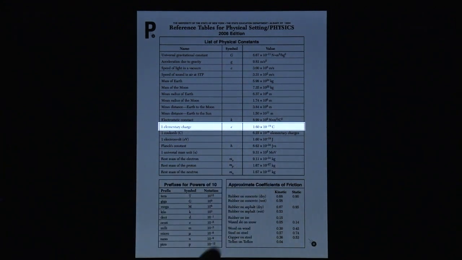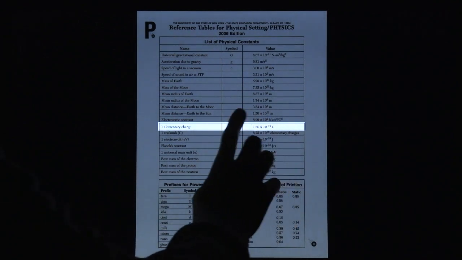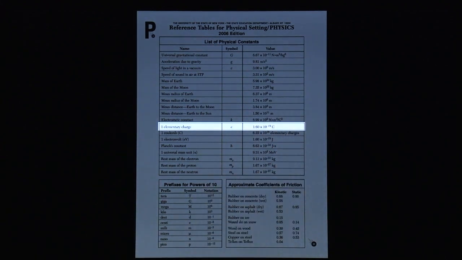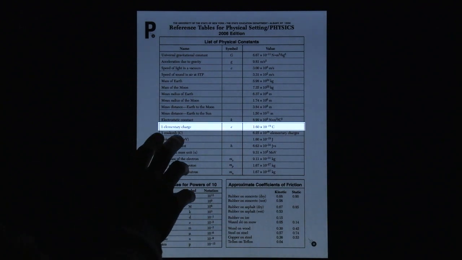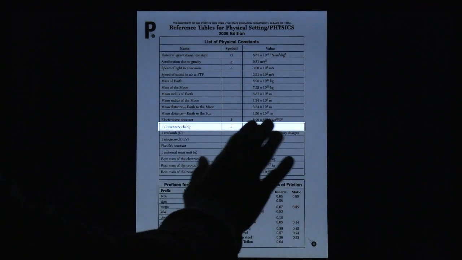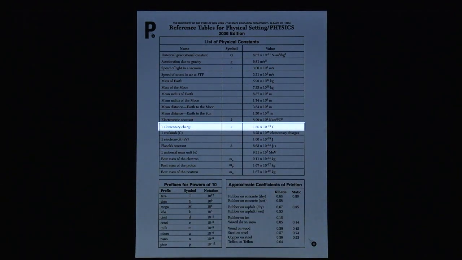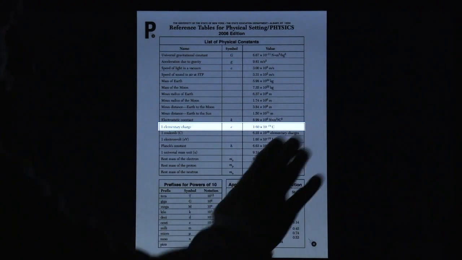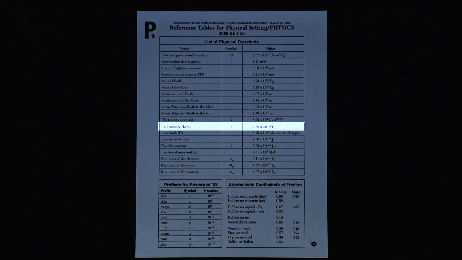The symbol for it is lowercase e, and it has a value of 1.6 times 10 to the minus 19th, as you can see right here. So that is the charge of a proton. If you need the charge of a proton, you look up this 1 elementary charge right here. It is also the charge of an electron. The only difference is the number's the same, but it's negative. So that's where you find the charges of these on the reference table.